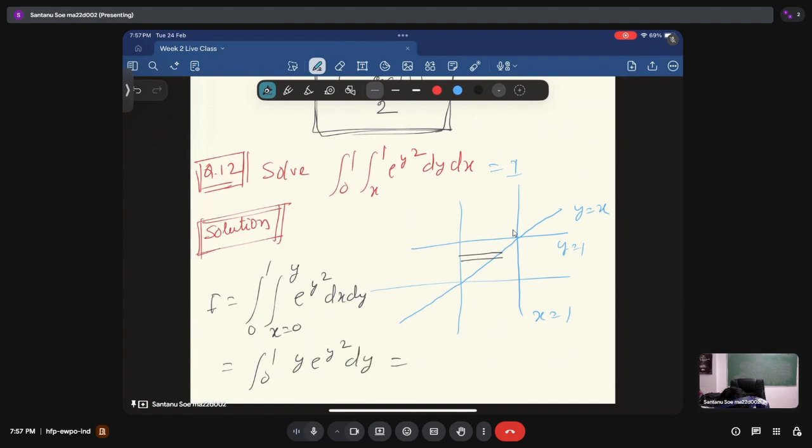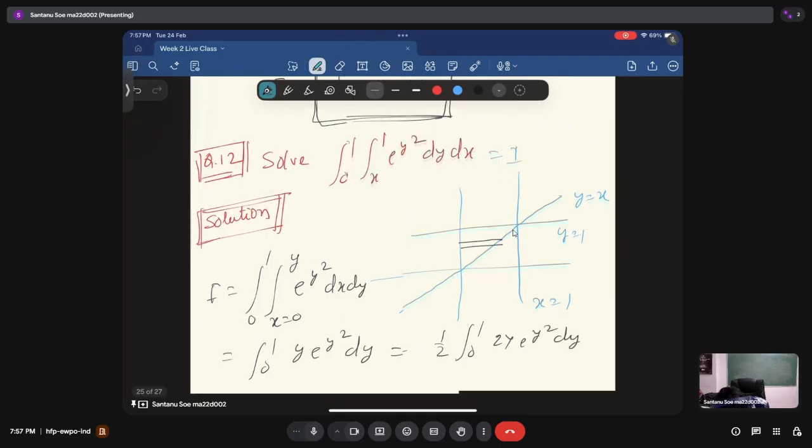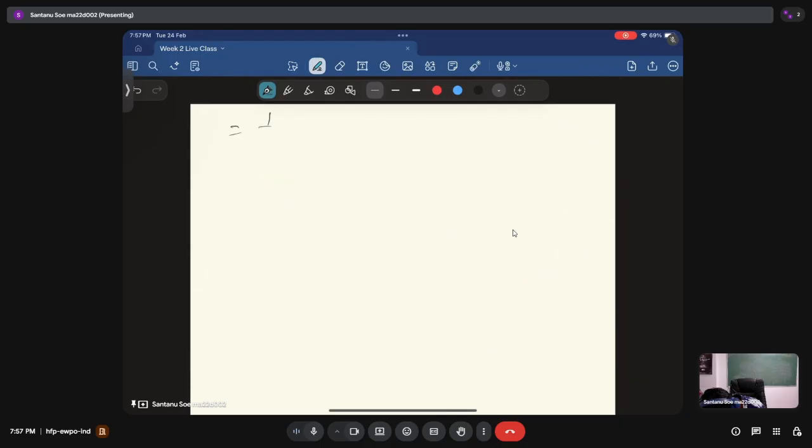So now if you just do the integration, you'll get half 2y exponential of y square dy. So this is going to be half of integration 0 to 1 d of e to the y square. So this is half of e to the y square from 0 to 1, and this is half of e minus 1. So this is the answer.